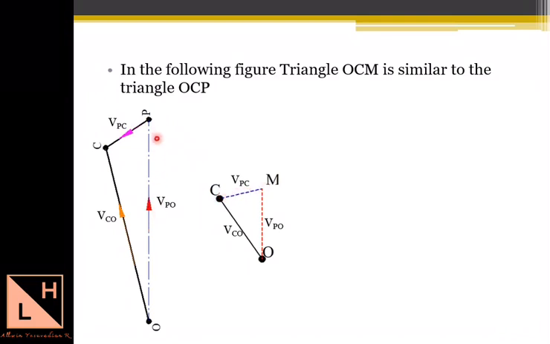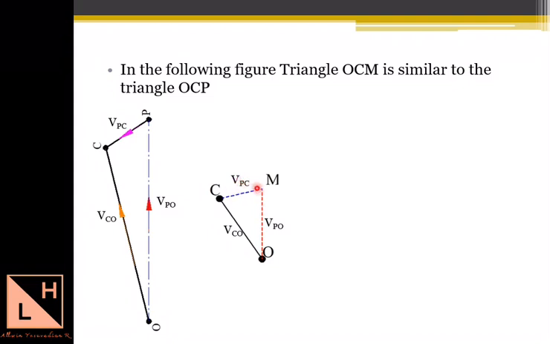The direction of VPO can be related to the side OM. In the same way, VCO, which we see in this direction, can be related to the side OC. Why are we able to relate these? Because we have seen that these two triangles are similar to each other.